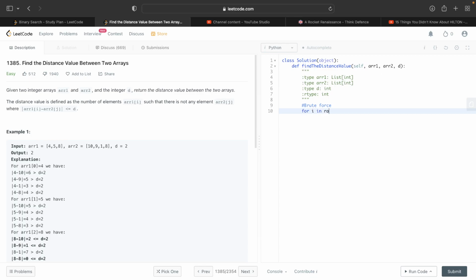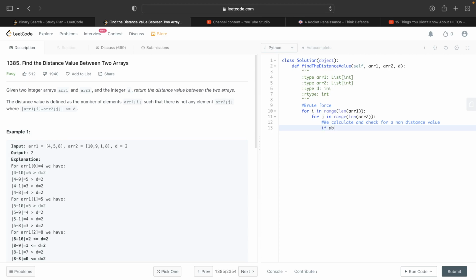So for i in range length of arr1, for j in range length of arr2, we calculate and check for a non-distance value.